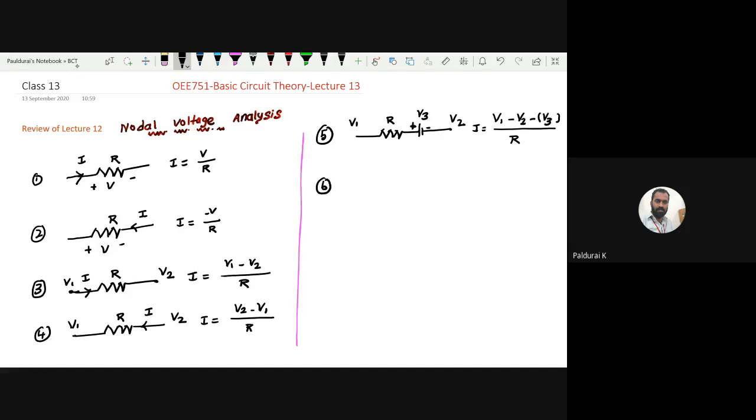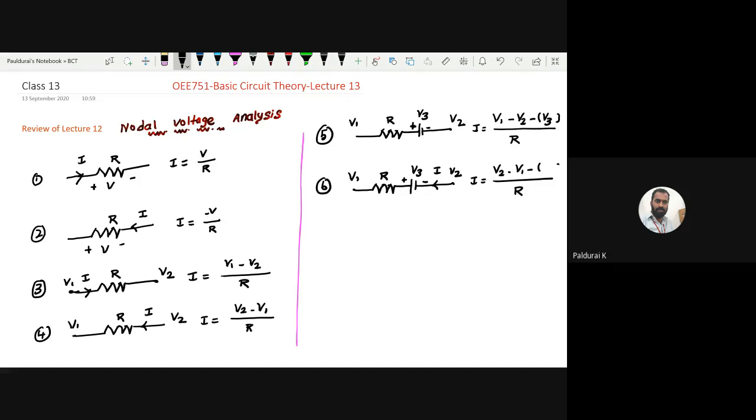Now coming to case number six. Same, but this time I want to change the direction of the current only. V1, V2, this is V3 with plus and minus, and this is R, and this time the current is flowing from right to left. The formula is the same style, same flow, I equal to V by R. Since I am playing with three voltage sources, it is starting voltage minus ending voltage.